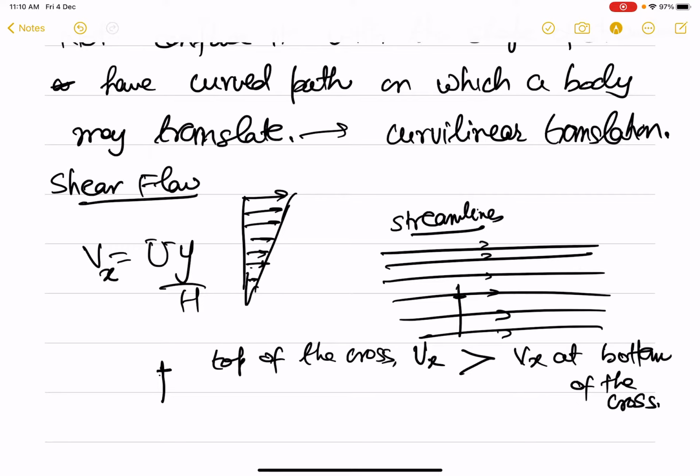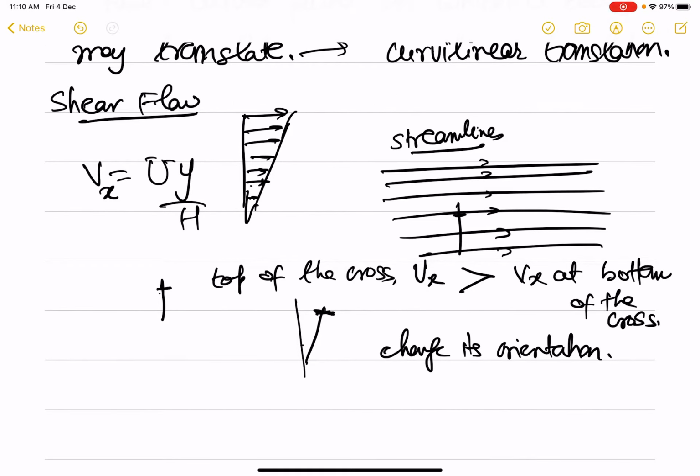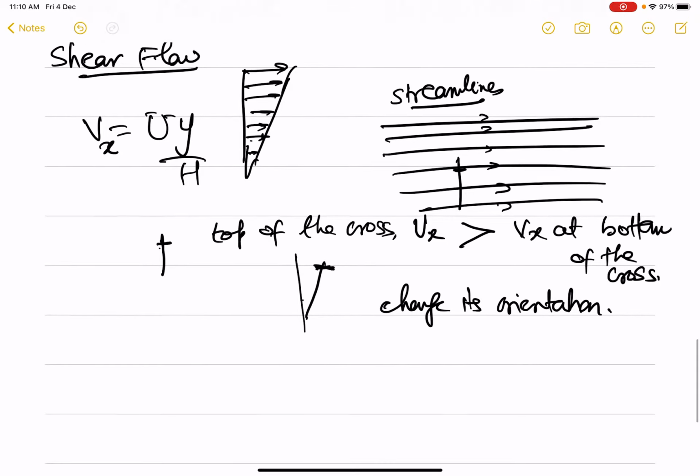The cross has been put to show the directions. So after some time, the top part will move more, the bottom part will move less, and this cross will change its orientation. So even in a flow with straight streamlines, individual fluid elements can rotate.